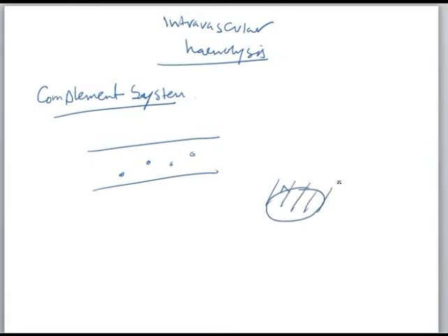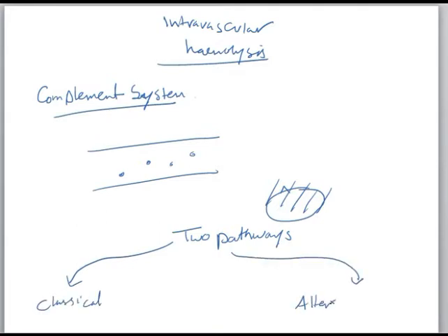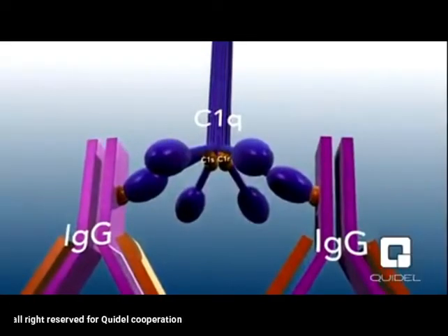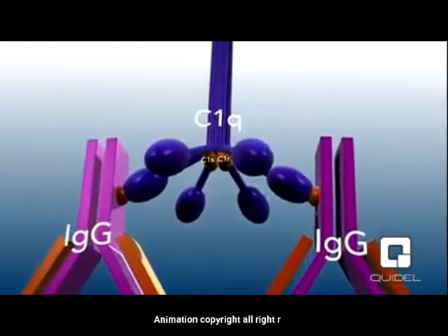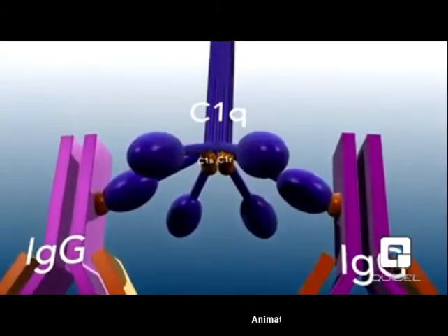Complement proteins can be activated by two different pathways, the classical pathway and the alternative pathway. We will focus on the classical pathway. So in this video, we will see together how complement proteins are activated by the classical pathway and form the membrane attack complex at the end.